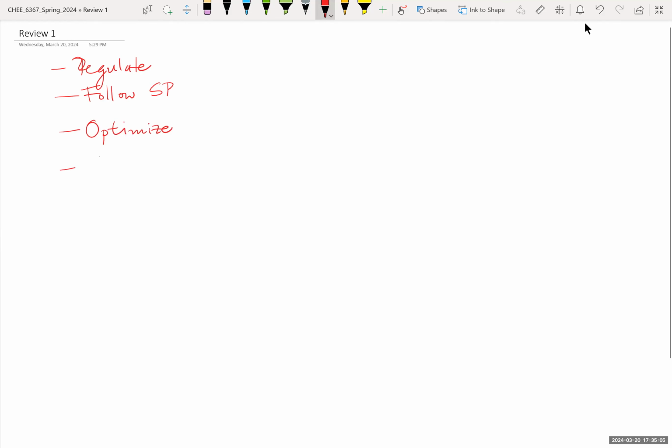It can stabilize things that are otherwise unstable. So it can do all of these things, and we can get all kinds of benefits, from safety to environmental compliance to profit maximization, or even feasibility of running a process.